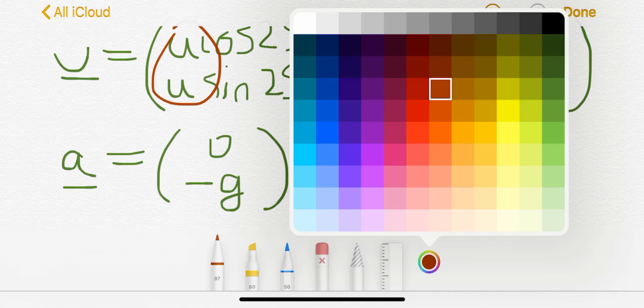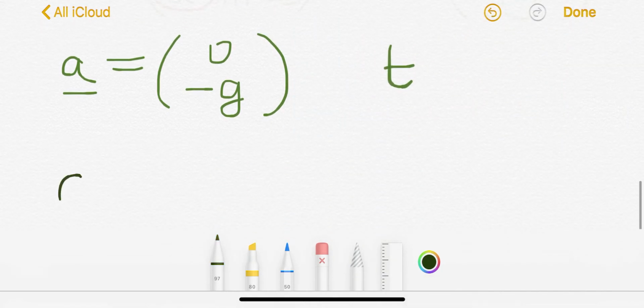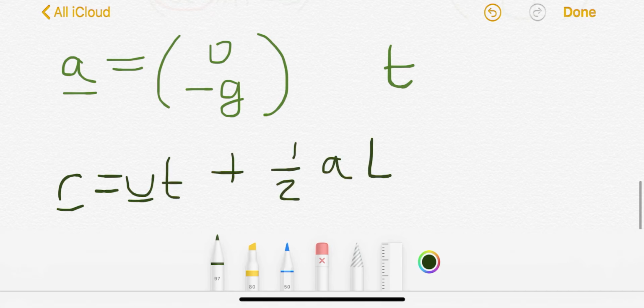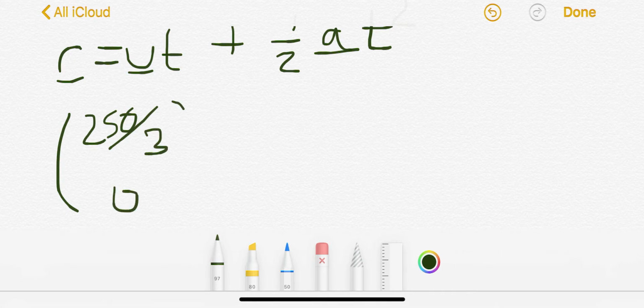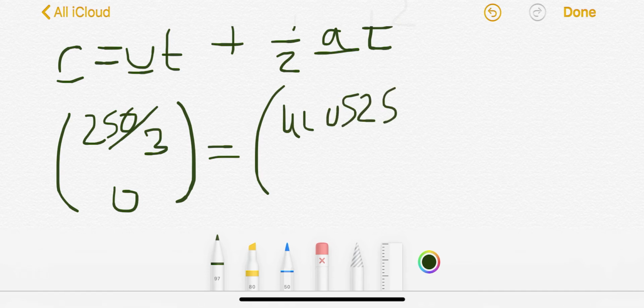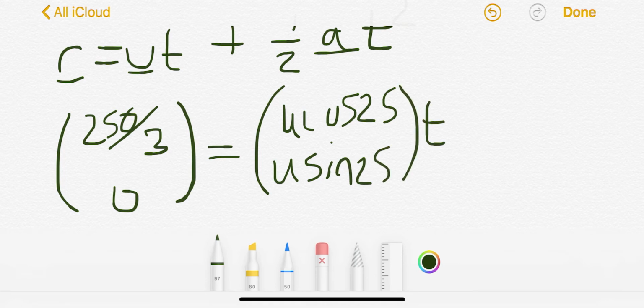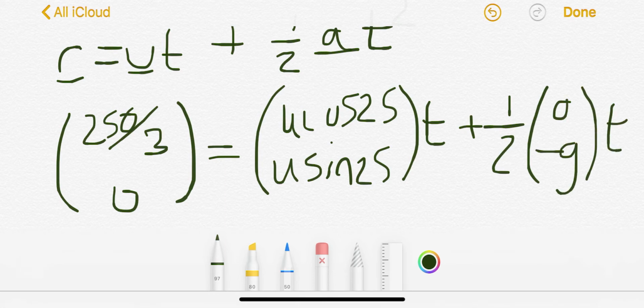If we go with the suvat equation, r equals ut plus a half a t squared, and substitute these in, we get 250 over 3 and 0 equal to u cos 25, u sine 25, t plus a half 0 minus g t squared.